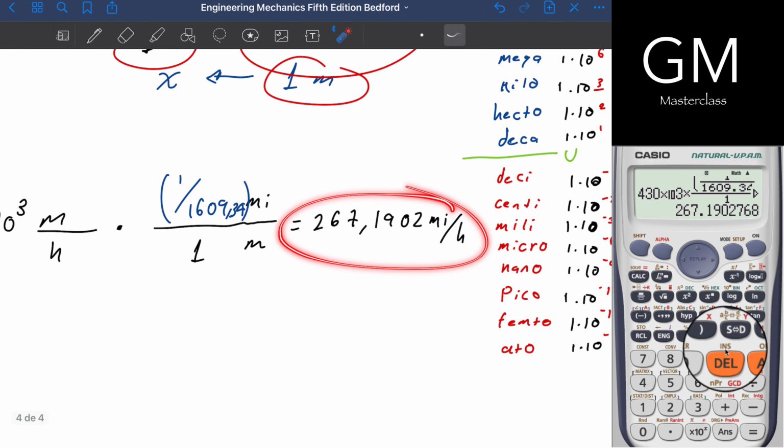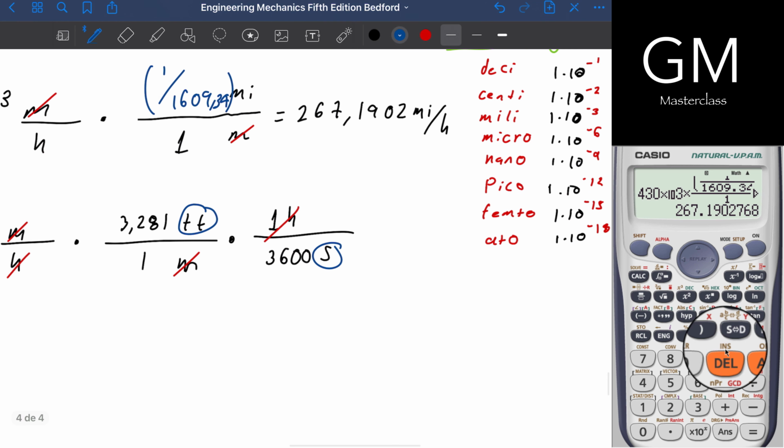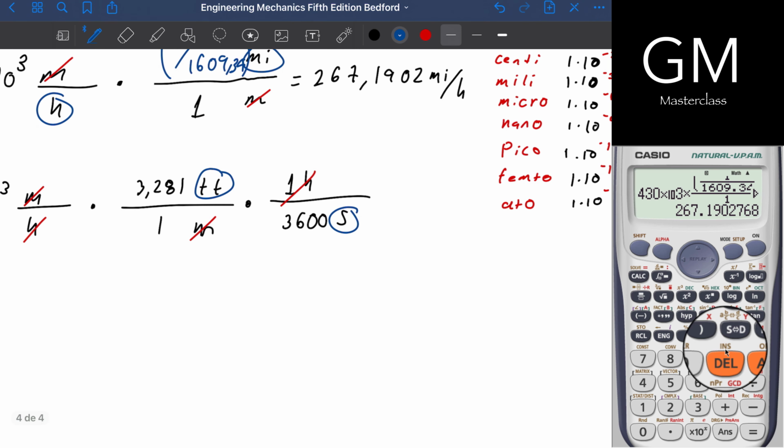And then I'm going to eliminate the hours, and I know that 1 hour is equal to 3,600 seconds. As you can see, I'm eliminating meters with meters and hours with hours, and the result will be in feet per second. In the previous exercise, I eliminated meters with meters, so the result was in miles per hour.